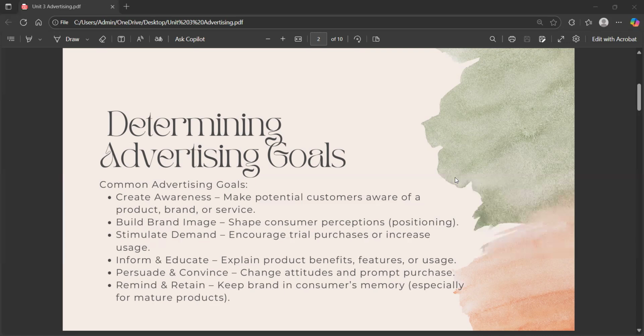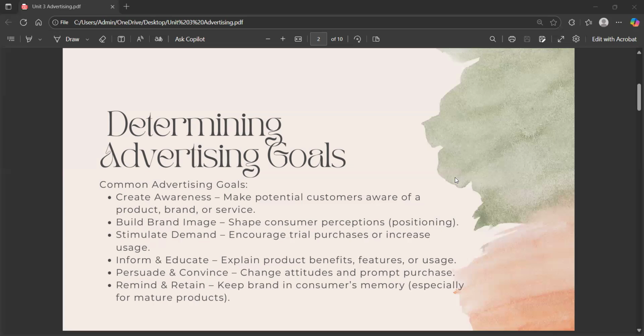Then remind and retain. That means we keep the brand in consumers' memory, especially for mature products. Let's say if I want to write, so I need a pen. If I think about a pen, then the first brand name which comes to my mind, that is called the remind and retention of a brand or a product in a consumer's mind.